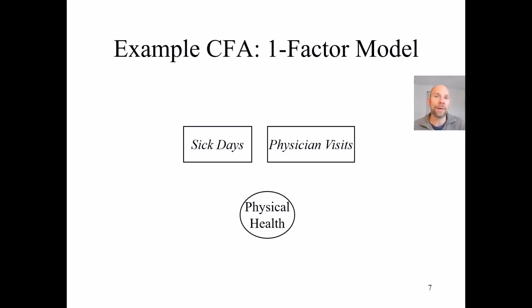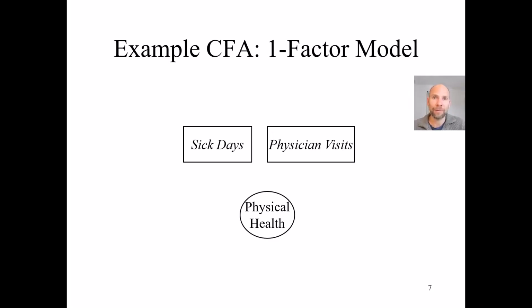So for example, we might also try to get a sense for the number of physician visits that somebody did in the past year. So how many times did an individual go to see their doctor? And again, this also is probably not measured with perfect reliability.